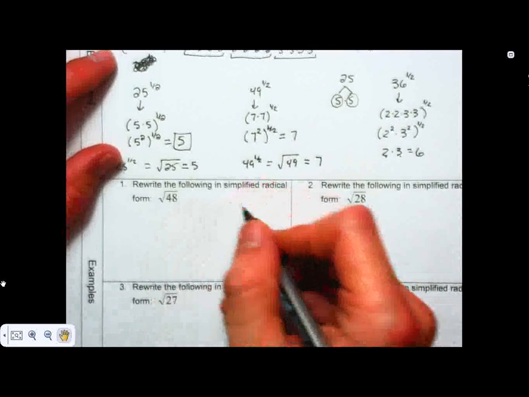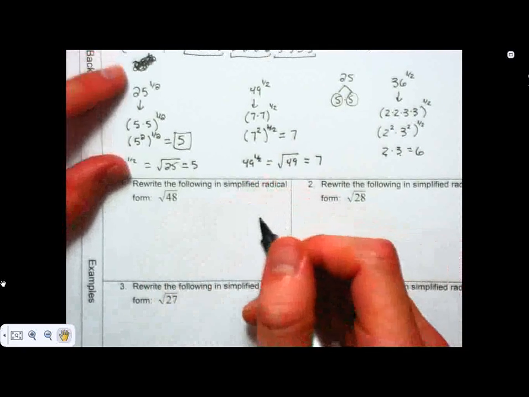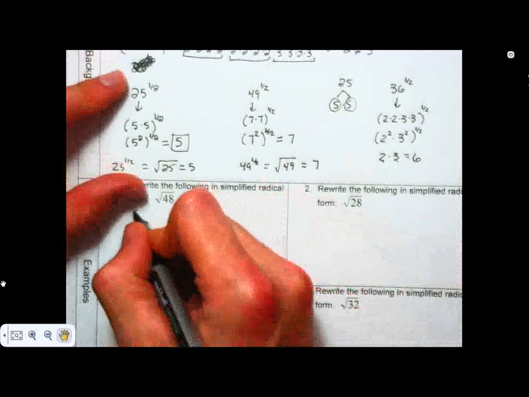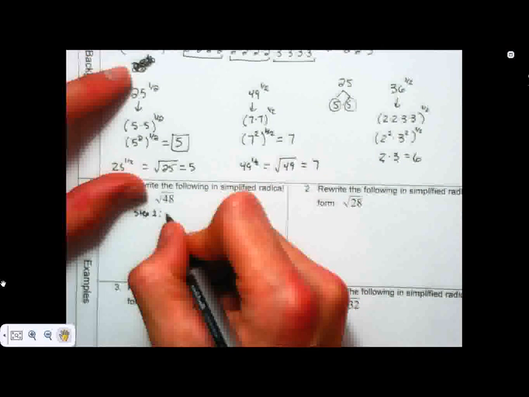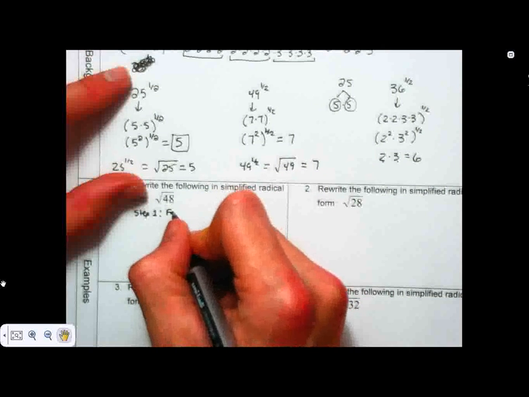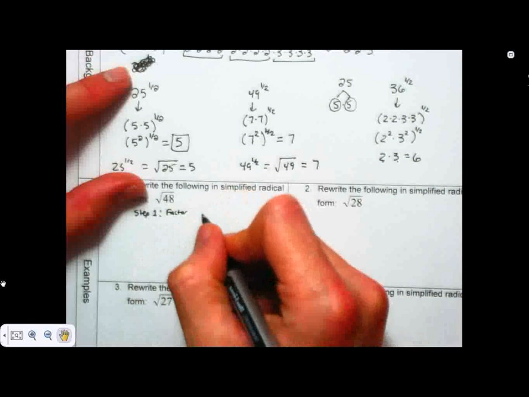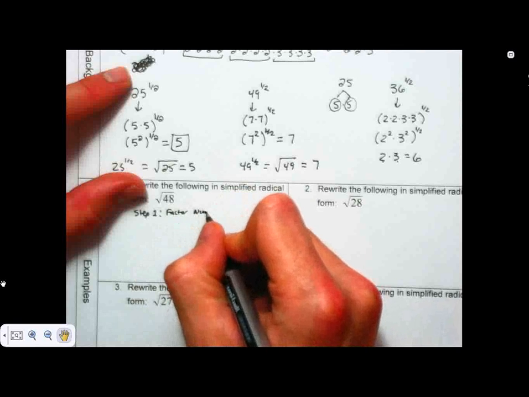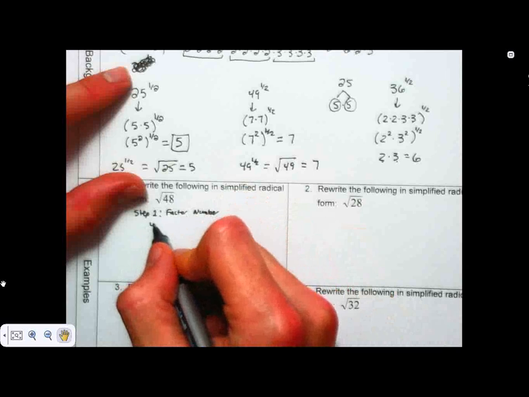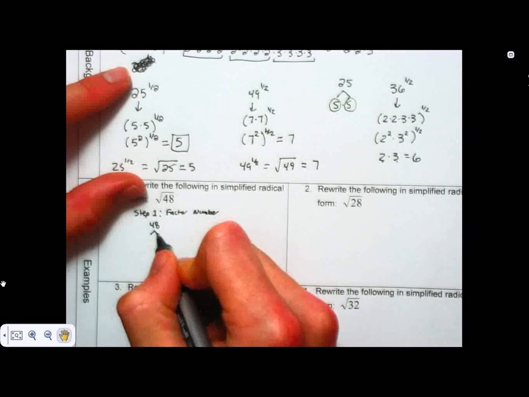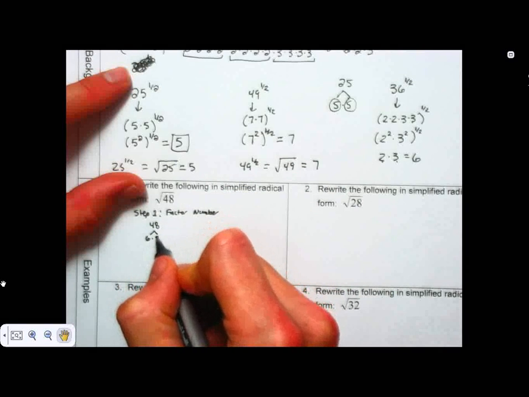So the square root of 48, what we're supposed to do is simplify it. So my first step is to factor the number. In this case, we've got 48. If we factor 48, that's 6 times 8.